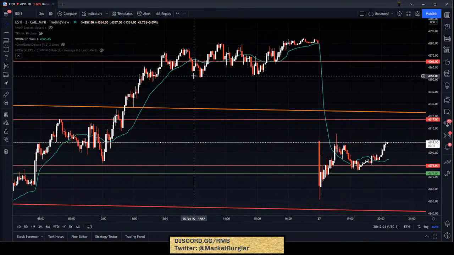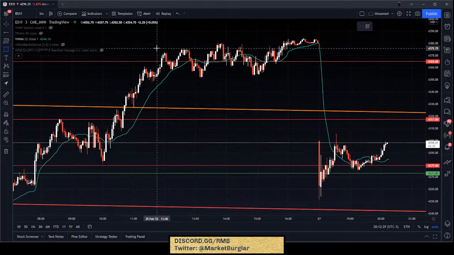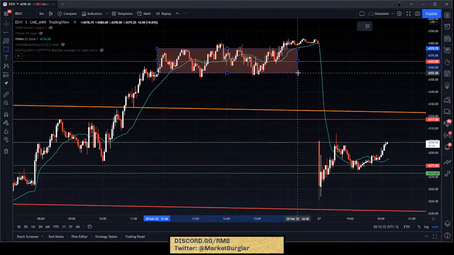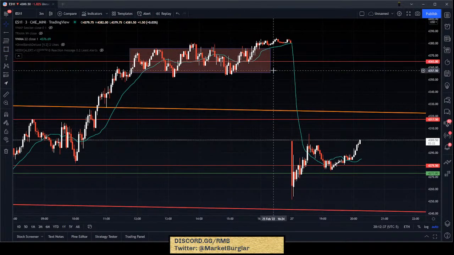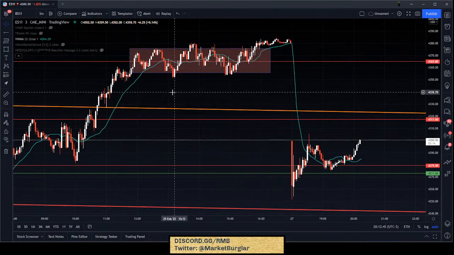So what I'll do here is I'll make a little channel based off of what the VWMA is doing, right? So it's really staying within this channel right here, right? And that's just basic support and resistance too. But as soon as it makes a break to a major side and stays over the VWMA, it can let me know.